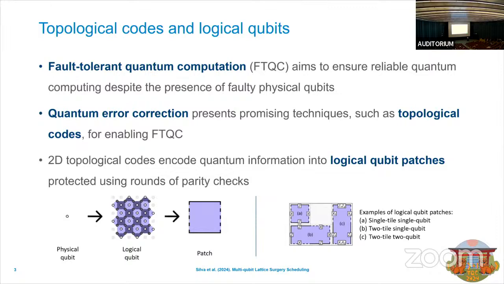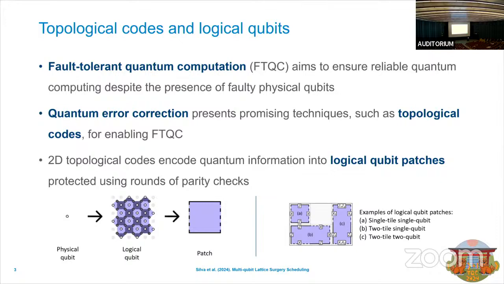Two-dimensional topological codes usually encode quantum information into logical qubit patches, similar to these ones that you see on the side, which are protected using rounds of parity checks. So basically, we take single physical qubits and arrange them in an organized way to form a patch, which I am going to represent by these squares here.